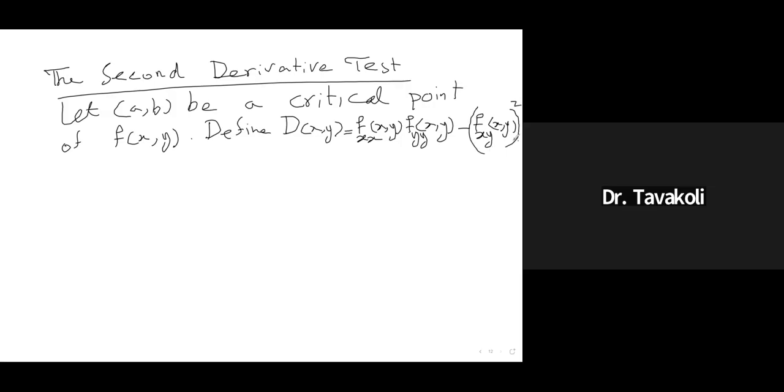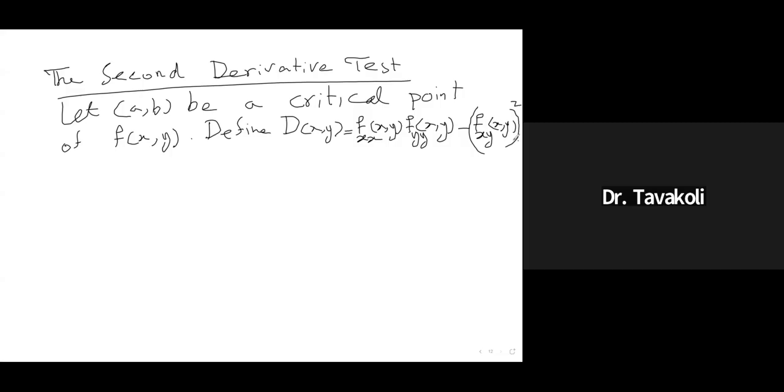So we define this d of x and y as the second derivative purely with respect to x times the second derivative purely with respect to y minus the mixed second derivative squared. And then we compute this at the critical points.